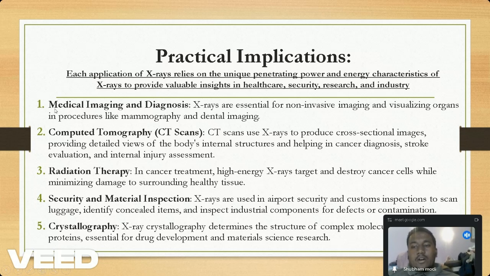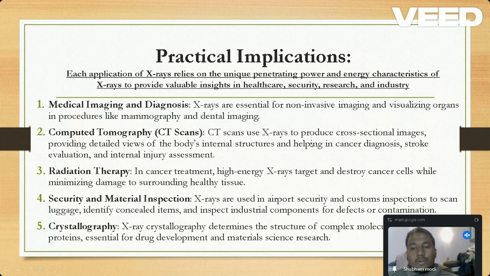Some major uses are, first, medical imaging, where X-rays are typically used in creating images of the body and visualizing organs to check for faults in different parts of the body. And second is CT scans, which is computed tomography. CT scans use X-rays to produce cross-sectional images, which helps in cancer diagnosis, stroke evaluation, and internal injury assessment.